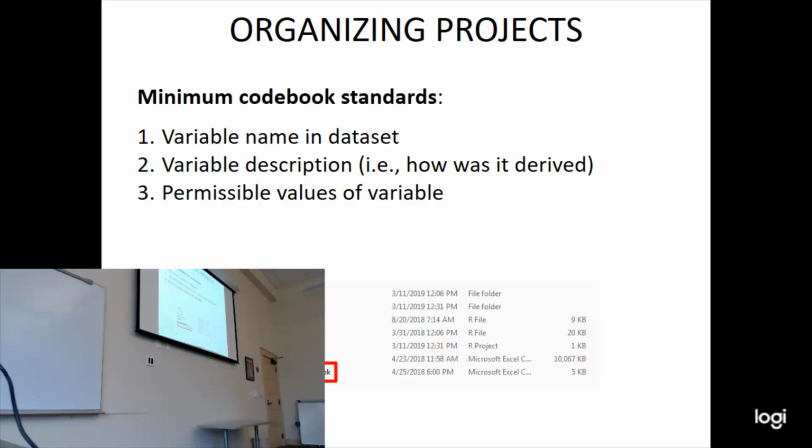If it's a variable that was recorded in the source data, I might give a short description of what happened there. And then lastly, the values that each variable could take, hypothetically. So if it's a 1 to 7 scale, 1 to 7.